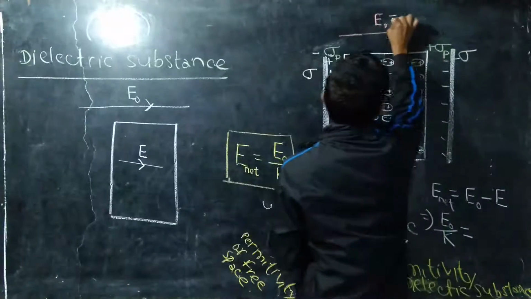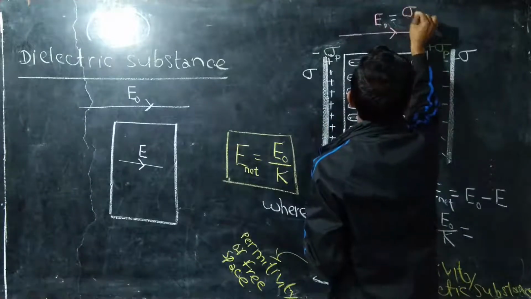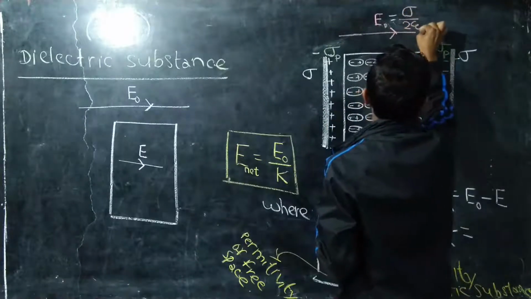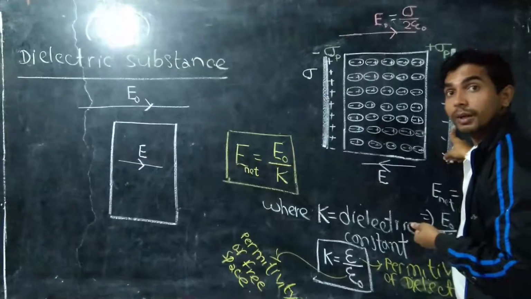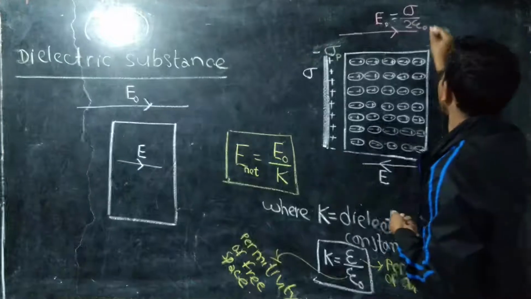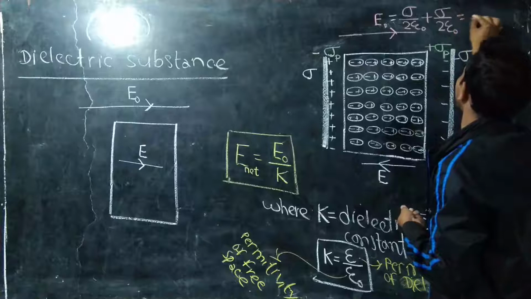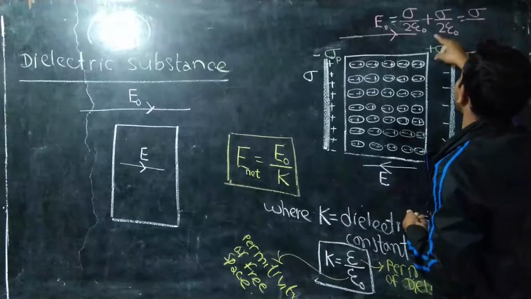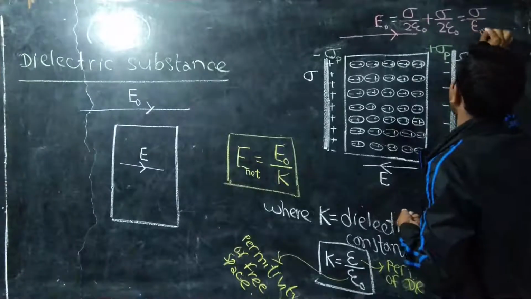This E naught is basically the summation of sigma by 2 epsilon 0 from this surface, and sigma by 2 epsilon 0 from this surface. The total value comes to sigma by epsilon 0.